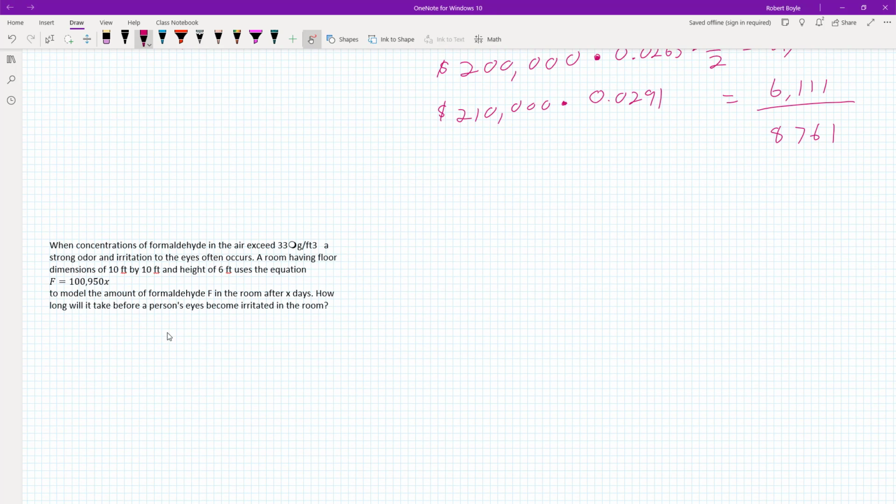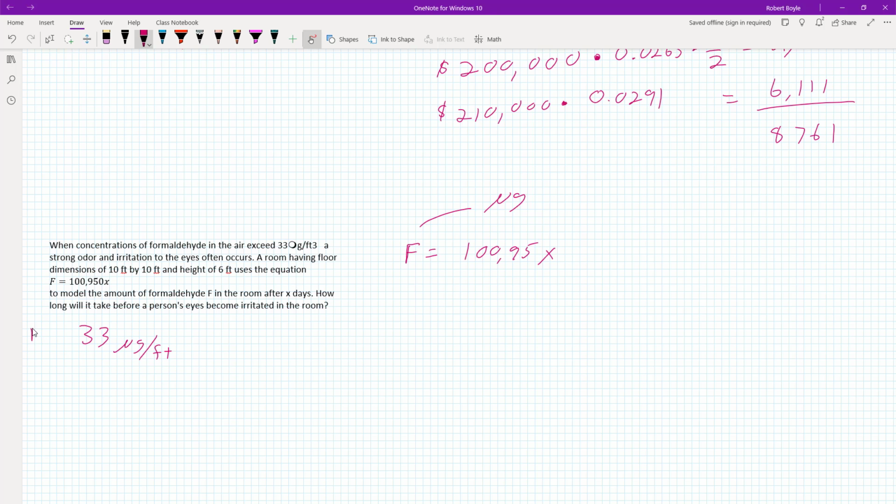So notice that we have the equation F is equal to 100,950 times X. Now this is formaldehyde in micrograms. Your eyes will become irritated at 33 micrograms per cubic foot.